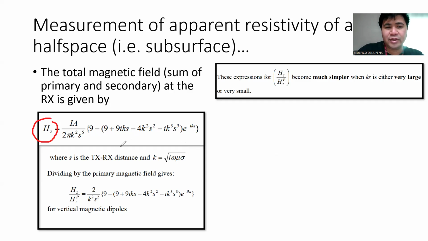Don't try to read too much on that. This equation simply describes the ratio between the total magnetic field Hz and the primary magnetic field. So the total magnetic field is your primary plus your secondary, and then this one is just your primary.